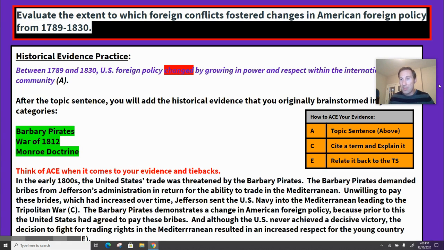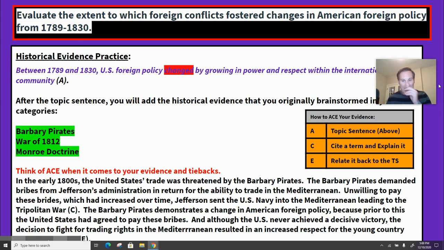Now, the last step is to explain how the Barbary Pirates show this change of growing respect and growing power. This is where I complete the circle of thought. The Barbary Pirates demonstrate a change in American foreign policy because prior to this, the United States agreed to pay these bribes.